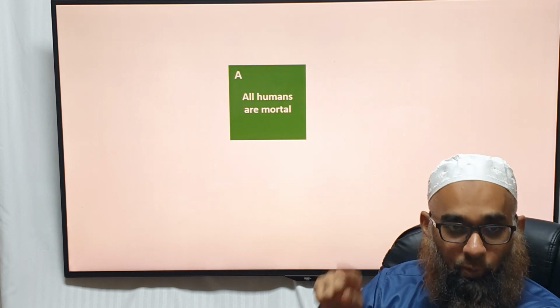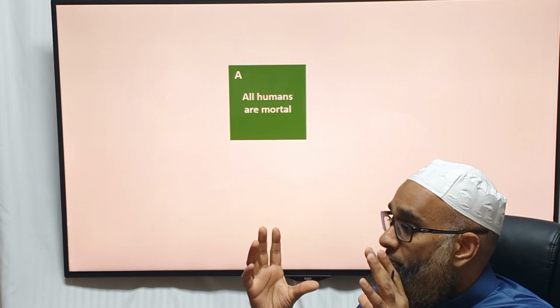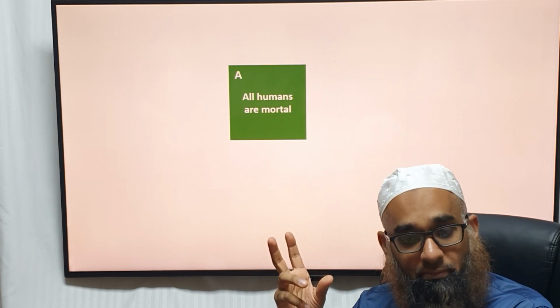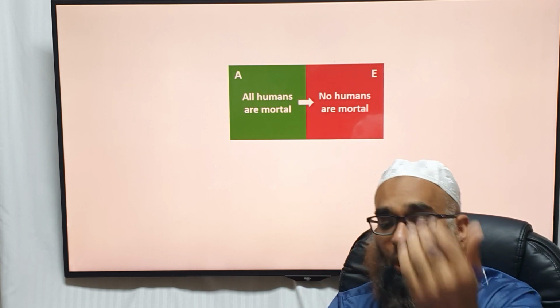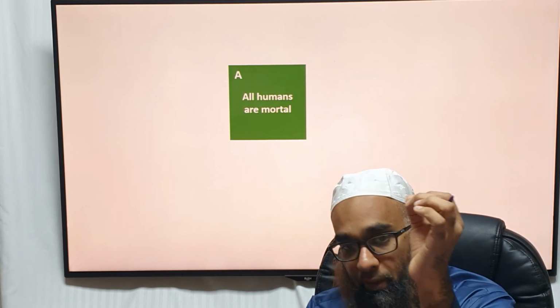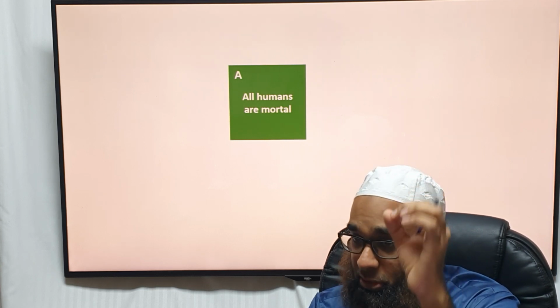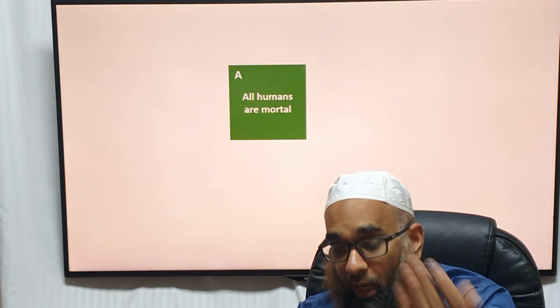Remember we have the A, E, I, O. So what we say here is we have four boxes. When we have any proposition, for example the A proposition, we can take the same subject and the same predicate and give information about that.